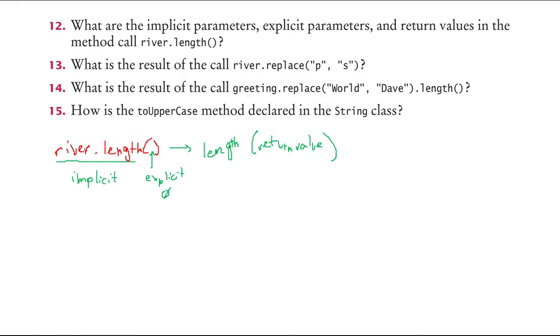The second part. What is the result of the call river dot replace p, comma s? So as we checked before, let me write it here. River dot replace, no, the other way, p with s.